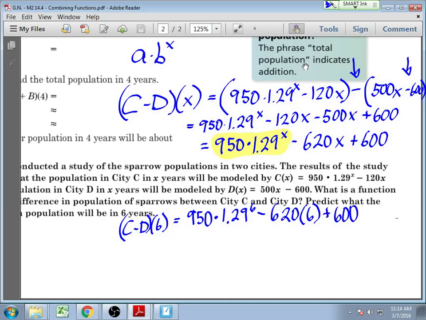I always advise do your 1.29 to the 6th power, then multiply by the 950. So this comes out to be 43,077 point, we'll round up to 9, but we're going to need a whole amount eventually. 620 times 6, 3,720.